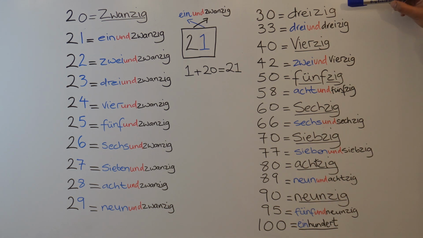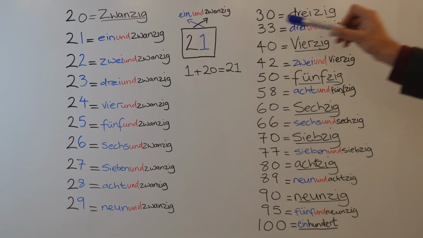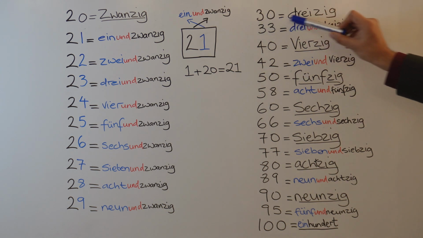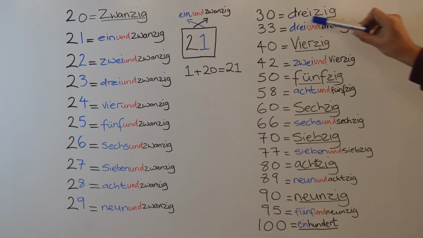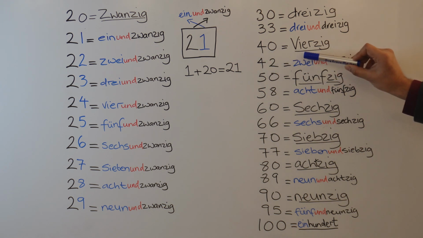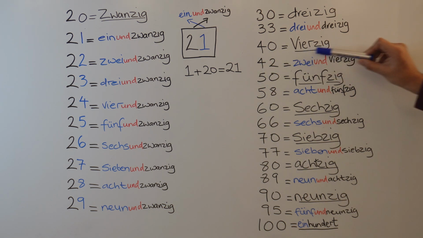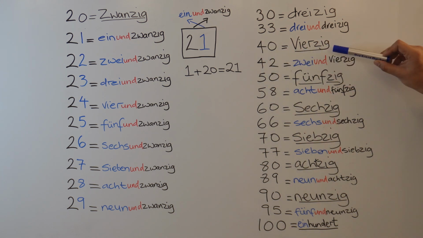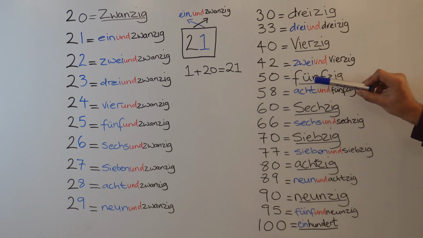The next one, 30. 30 is pronounced on the same principle as 20. We pronounce first of all 3 and then sich, 30. The same principle of 30 goes on to 40. First you pronounce the 4 and then sich, 40. Then 50. You pronounce 5 first of all and then sich, 50.